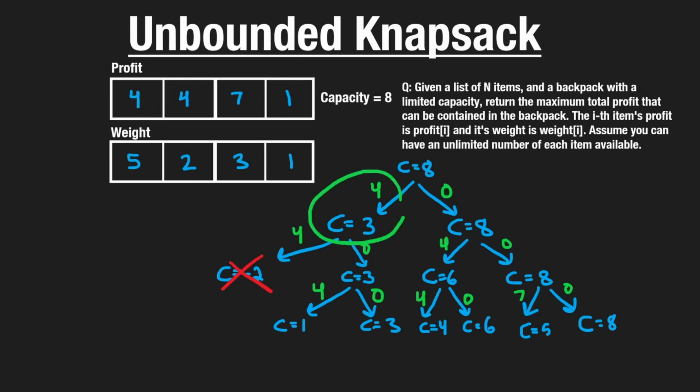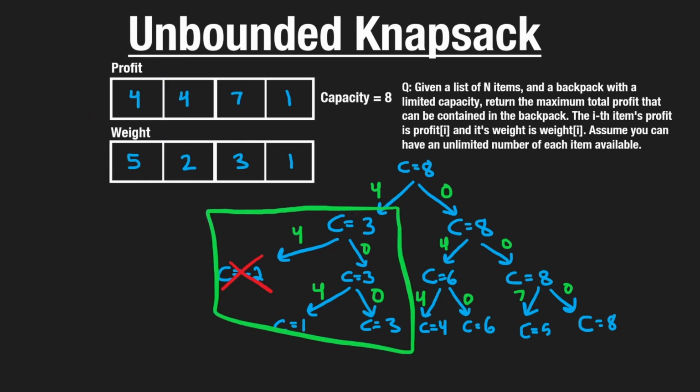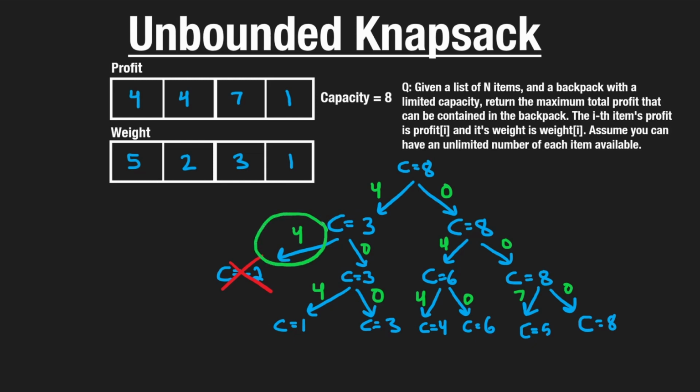When we go left here, we're trying all possibilities where we include at least 1 occurrence of the first item. That's what this left branch is. And then as we go further, we make another choice. When we go left here, we're saying we're getting all possibilities where we choose 2 occurrences of the first item.